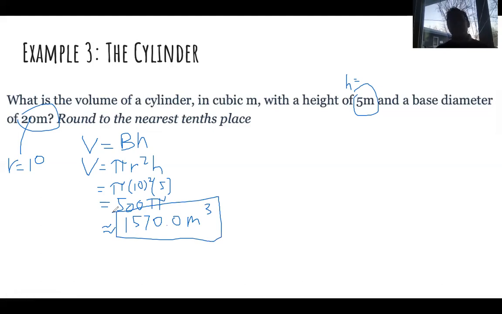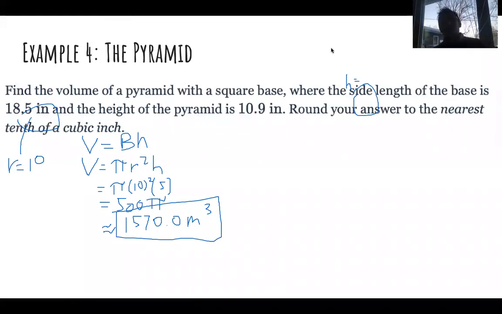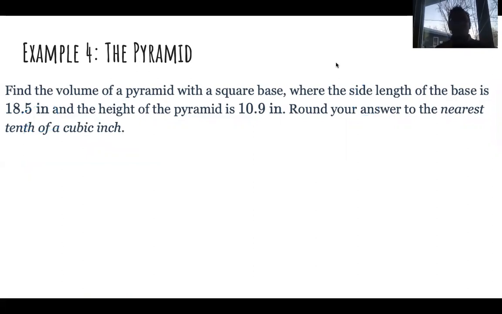I do like the SAT approach for cylinders, because it's pretty obvious that base area is going to be pi r squared every single time. And you can pretty much just read the given information for that type of problem. All right. The next one is the pyramid.